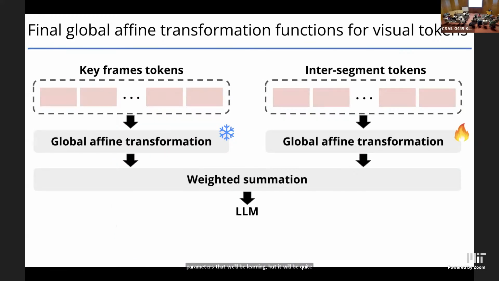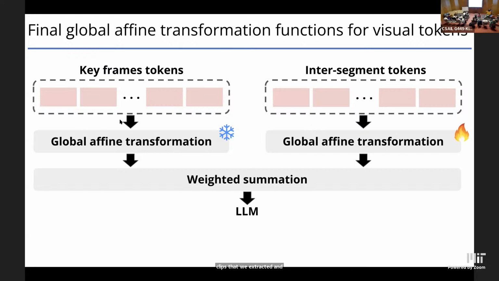Finally, to put everything together, we have our keyframe tokens and our intersegment tokens. The keyframe tokens are the global representation. The intersegment tokens are all the contextualized clips that we extracted and their representation.